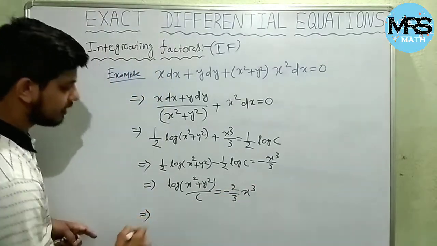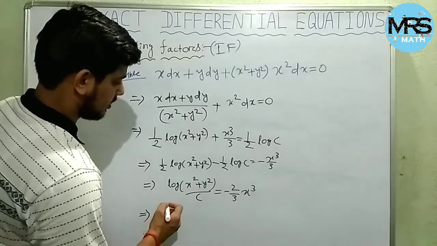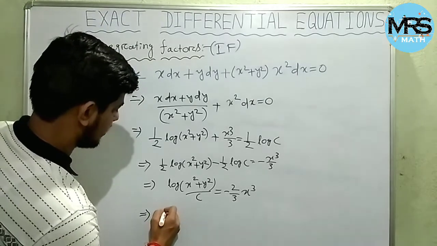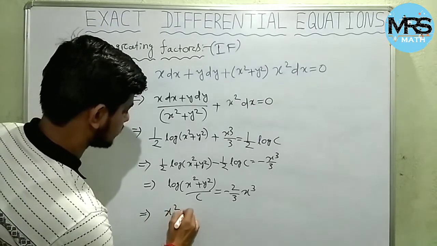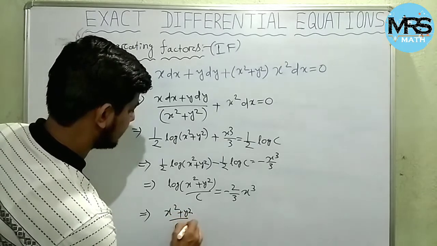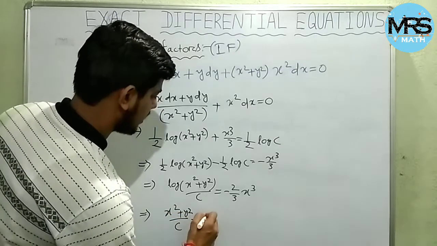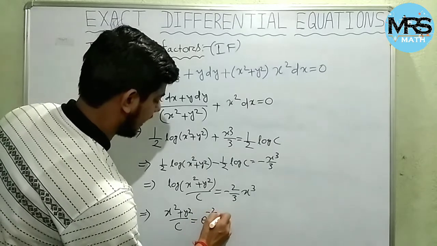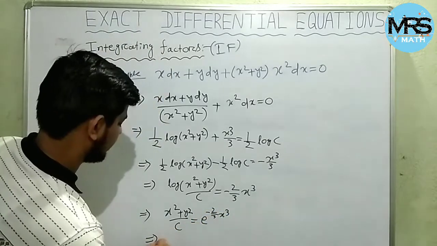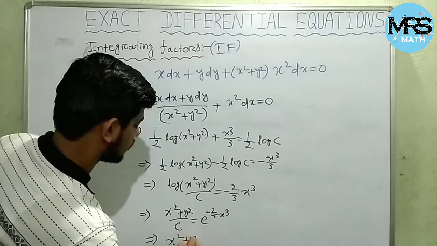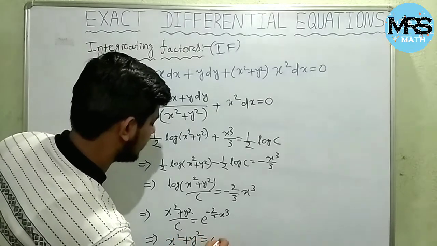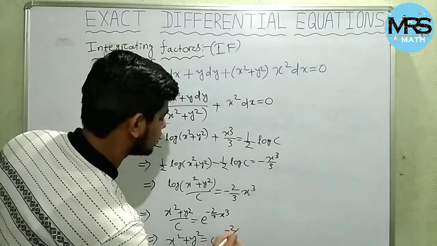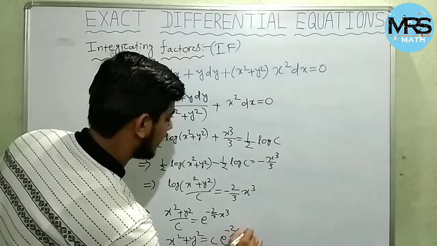Now if you take this, you get (x square plus y square) by c equal to e to the power minus 2/3 x cube, and finally x square plus y square equal to c times e to the power minus 2/3 x cube.